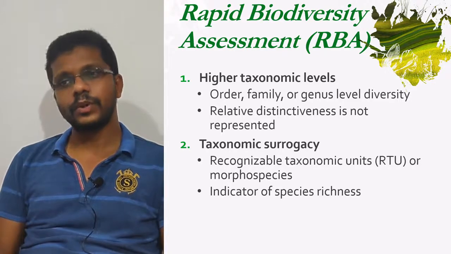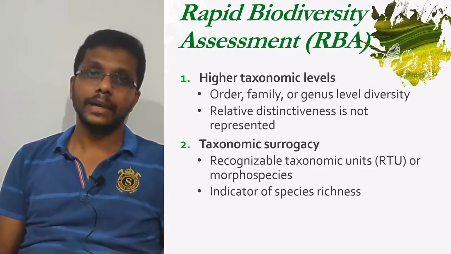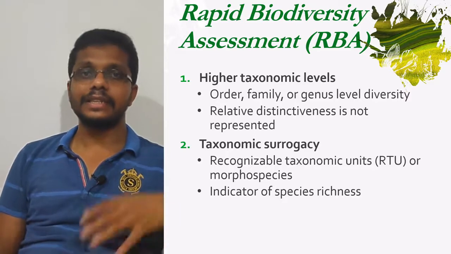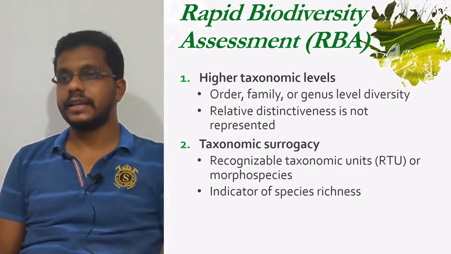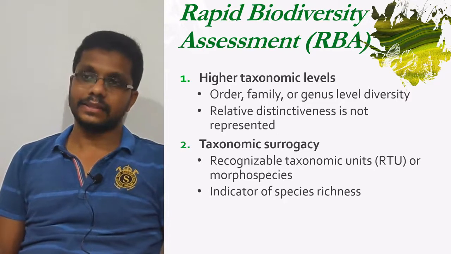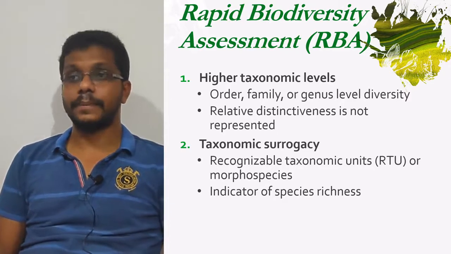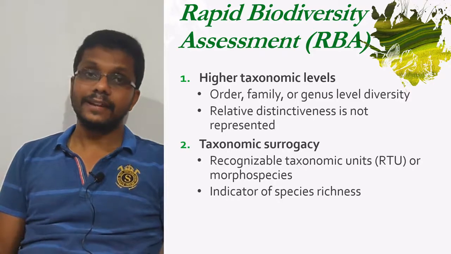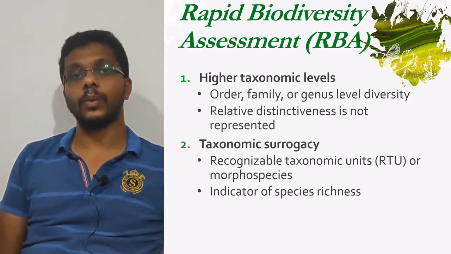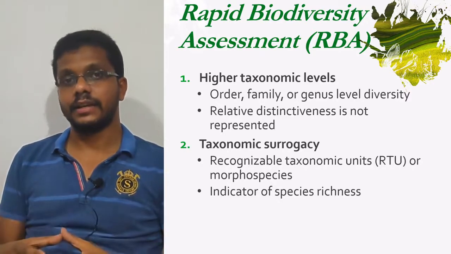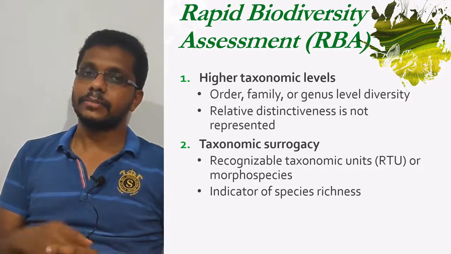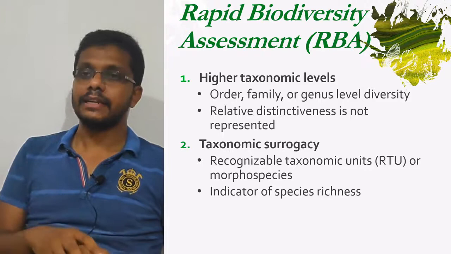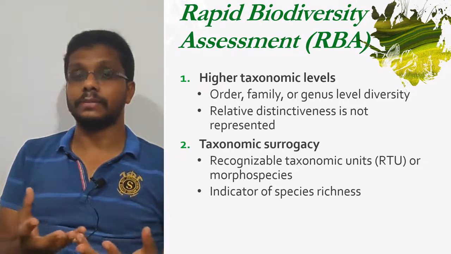So for getting an overall idea about genetic diversity in a particular ecosystem or a forest or something like that, there are some methods which are basically called rapid biodiversity assessment. It actually measures the overall diversity in a geographical area without spending more time there. By looking at some indicators, we can actually predict the overall genetic biodiversity.